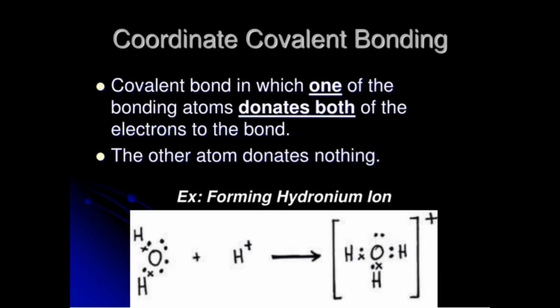Now let's quickly go to coordinate covalent bonding. A coordinate covalent bond is also a type of covalent bond. In covalent bonding, we have the pure covalent bond and the coordinate covalent bond. Under pure covalent bond, that's what we have talked about so far: single, double, and triple covalent bonds.